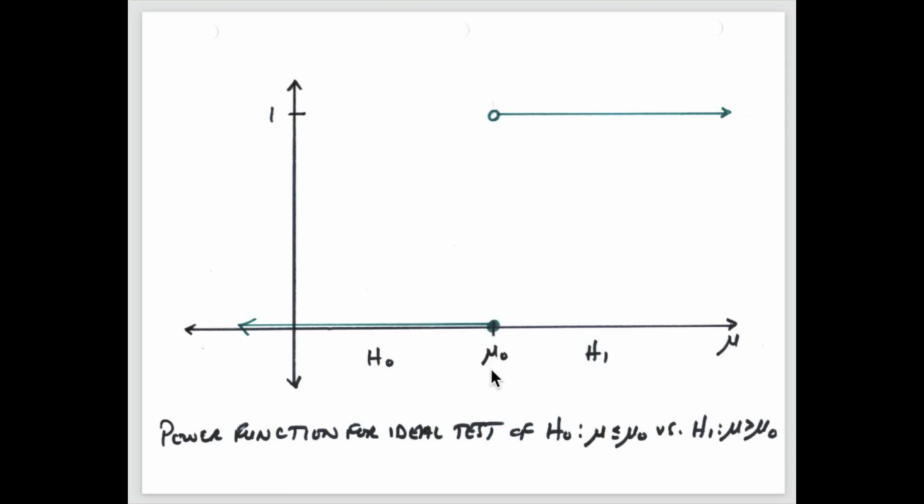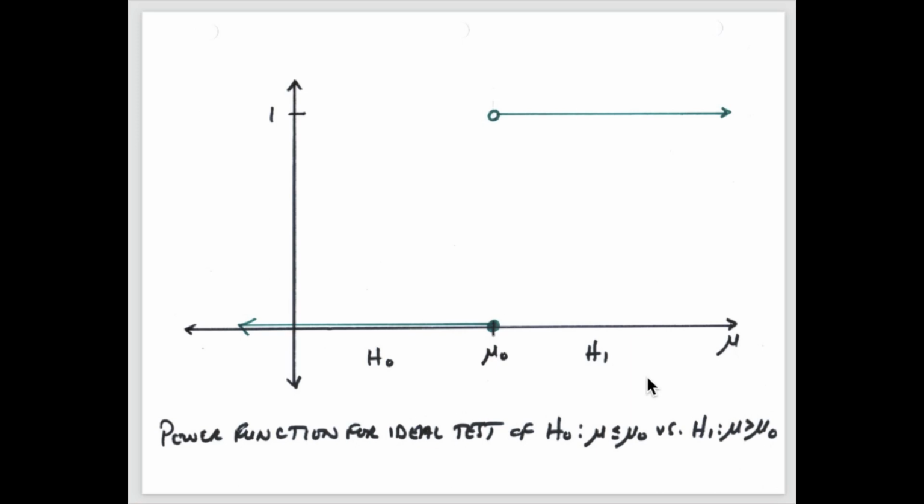And so the power function for an ideal test would be 0 if mu is at or to the left of mu sub 0, and the power function would be 1 if mu is to the right of mu sub 0. So this is what the power function of an ideal right-tailed test would look like.